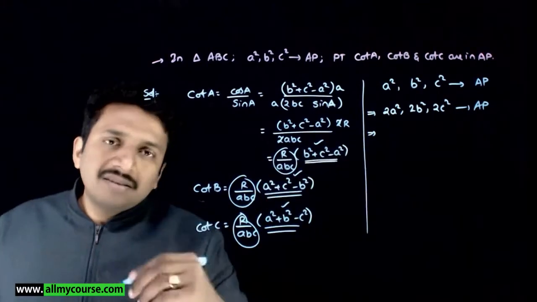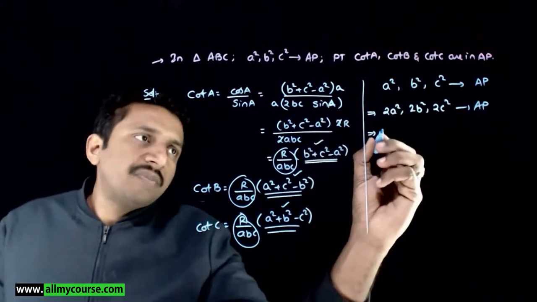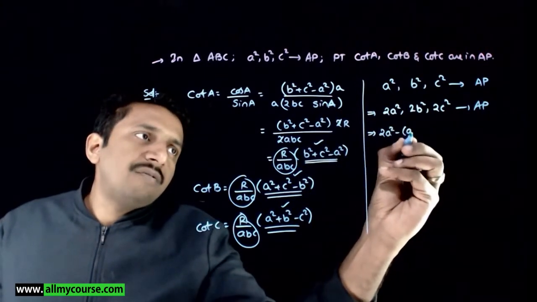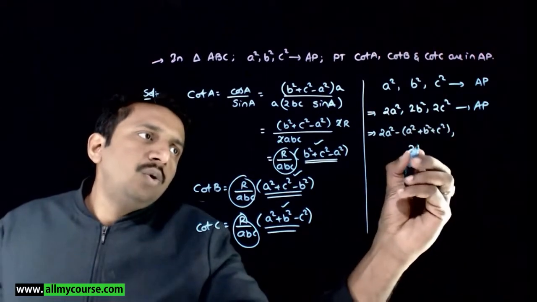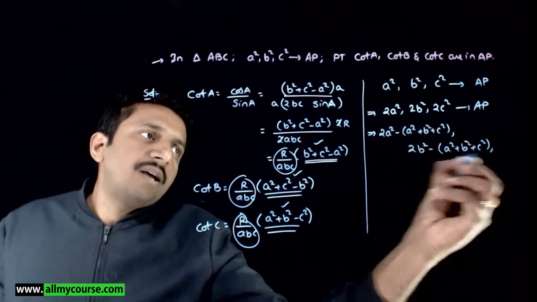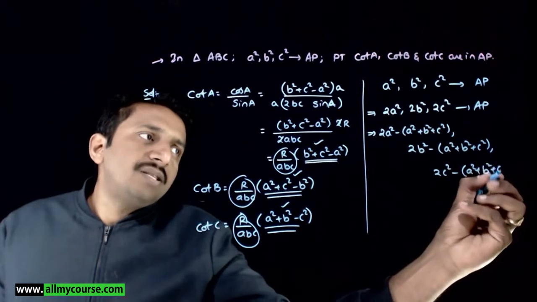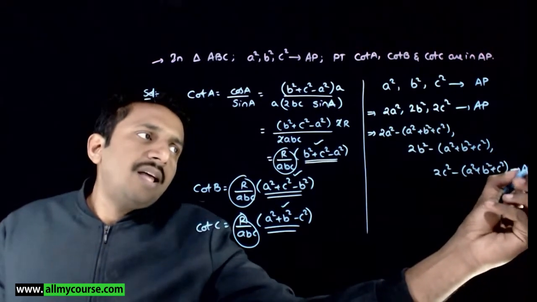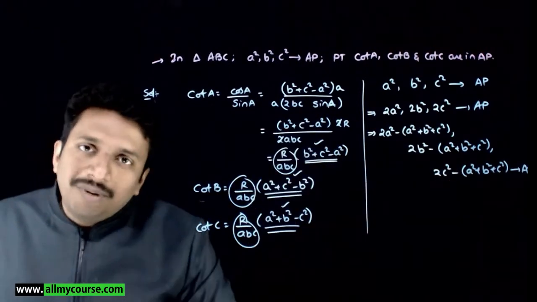So this implies I'll subtract a square plus b square plus c square from each of these terms: 2a square minus (a square plus b square plus c square), comma, 2b square minus (a square plus b square plus c square), comma, 2c square minus (a square plus b square plus c square) are also in AP. So I am subtracting a constant term uniformly.